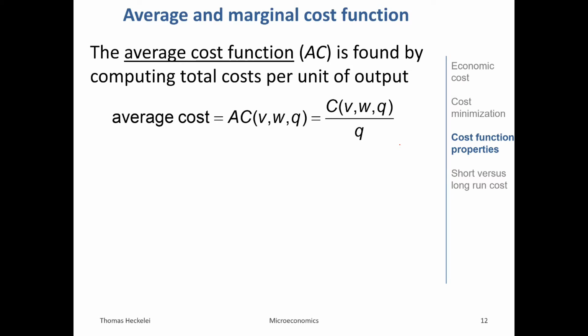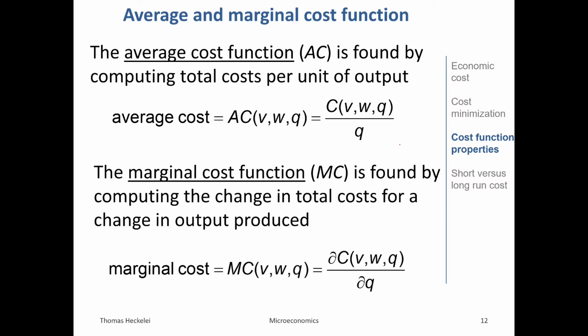Now we also will have two other cost functions. The first thing is the average cost function, denoted AC, average cost, which is derived by dividing the total cost function by the output quantity Q. And the second is the marginal cost function.